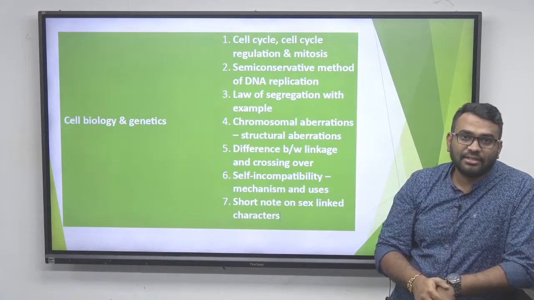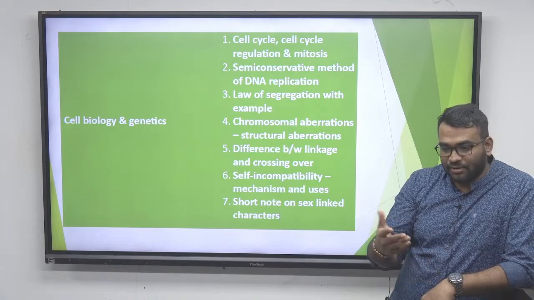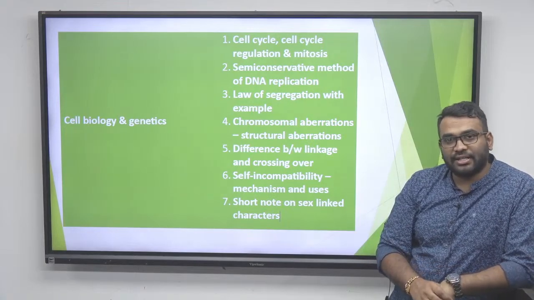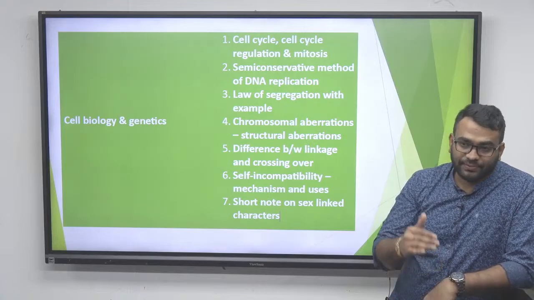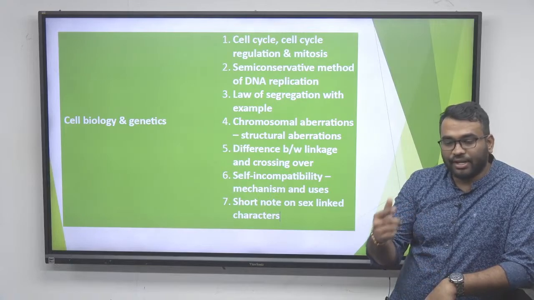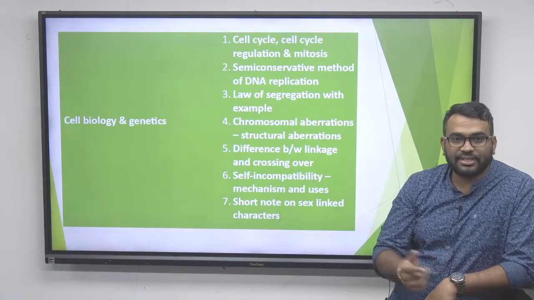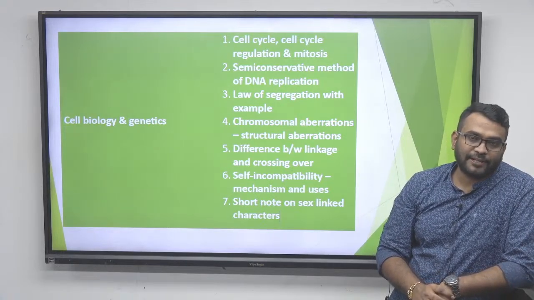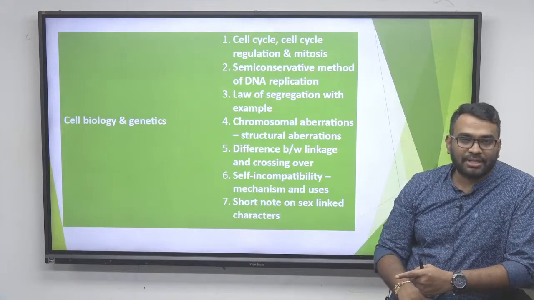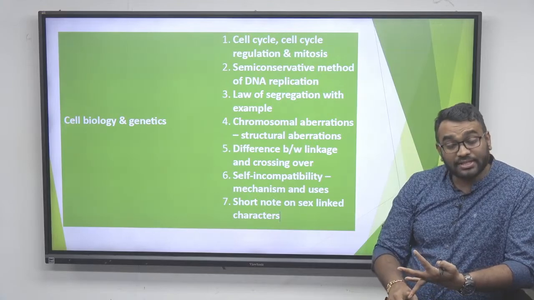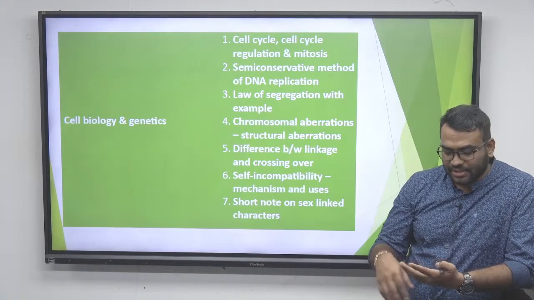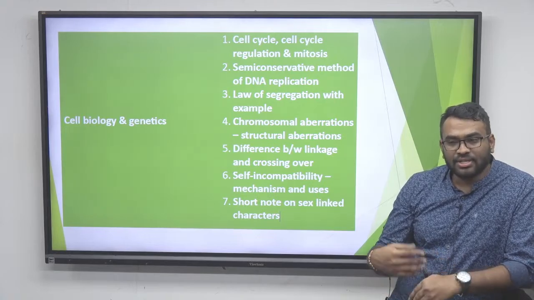Obviously it is cell biology, or else how the cell functions, what is the structure of the cell, what is the difference between prokaryotic and eukaryotic cell, what are the different cell organelles, what are their functions, and the regulation of the cell cycle, the stages of the cell cycle. Everything is going to be important. Because if you understand this only, then you will understand what are chromosomal aberrations, what is heredity, what is the genetic code, what is photosynthesis, protein synthesis, everything.